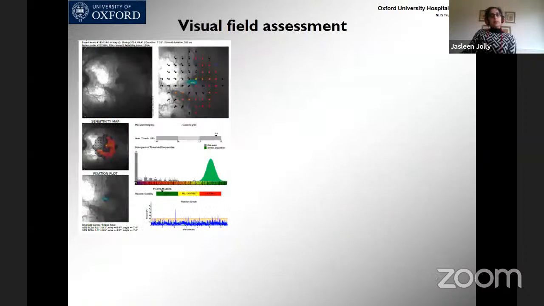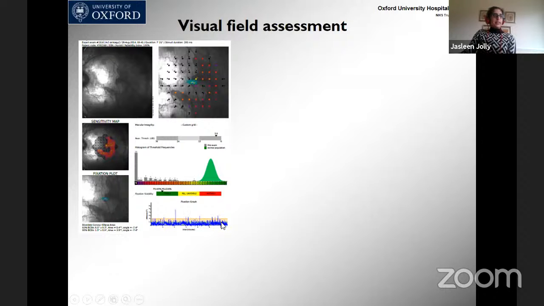So a key assessment we use in the gene therapy trials is microperimetry, which is assessment of the retinal function. This is a typical plot from the microperimetry machine. So you've got the SLO image here, so the scanning laser ophthalmoscope image, and then overlaid with the retinal sensitivity points that are measured, where green is normal, red is reduced sensitivity, and black is the spots were not seen.